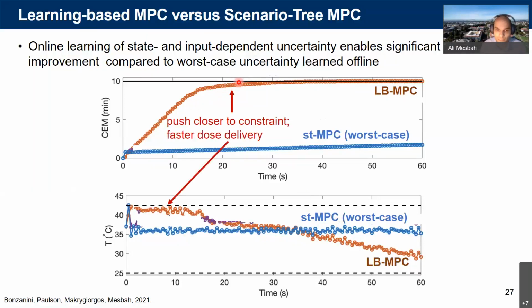Basically, this is because with this adaptive tree, you no longer have a very conservative performance. You can really push your temperature to the limits, to the constraints. Whereas in the worst case algorithm, the temperatures are far from the constraints, and therefore the dose delivery happens over a much longer time horizon.